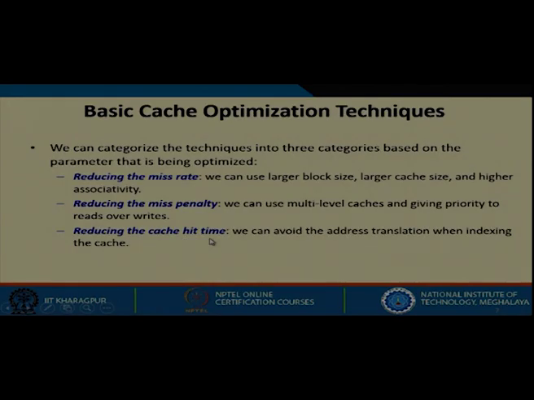If we have multiple levels, the access time of those levels will be much less compared to the access time of main memory. So, in such cases the miss penalty can be reduced by having multi-level caches. Now, reducing the cache hit time. How do we reduce the cache hit time? When we are hitting the cache and searching for that tag, we are matching something.